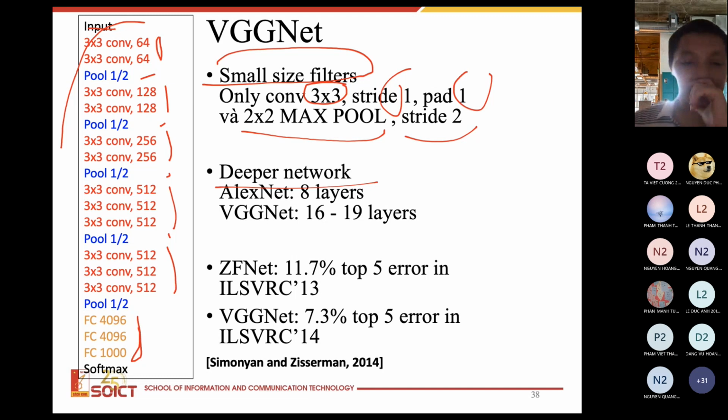And ZFNet is an improvement over it, right? And you see in the VGGNet, we somehow double the number of filters after each pooling, right? So here you see that we have a small activation map, but the activation map is very deep, right?